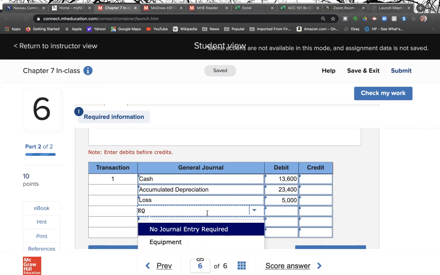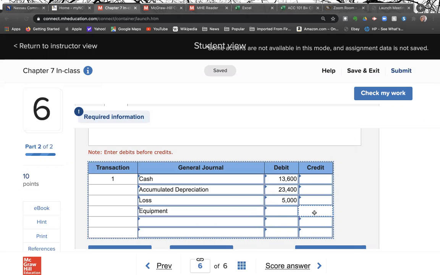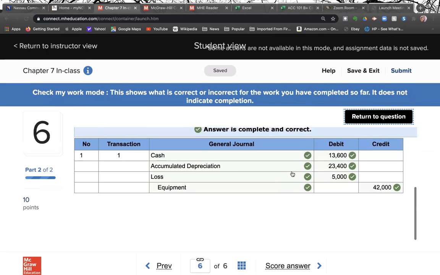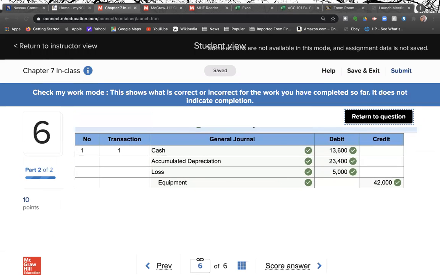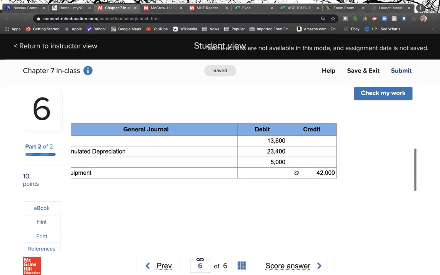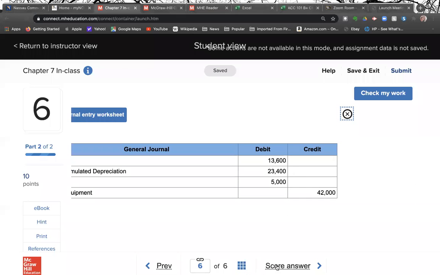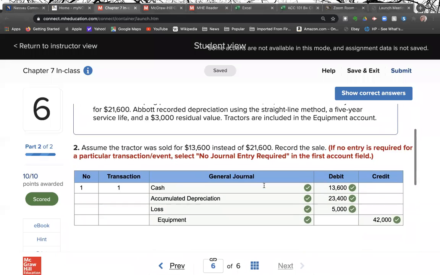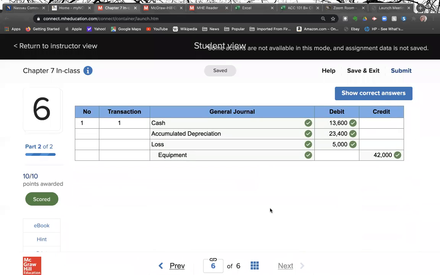And credit equipment, 42. Okay, so it's all green. And that was it.